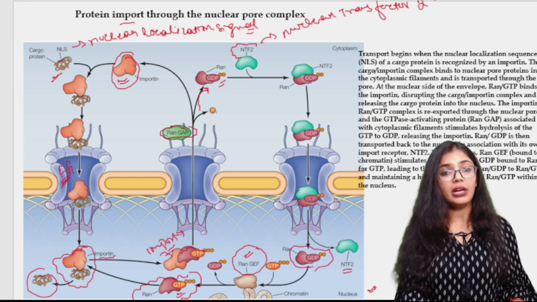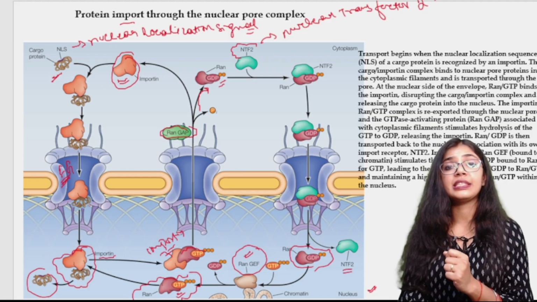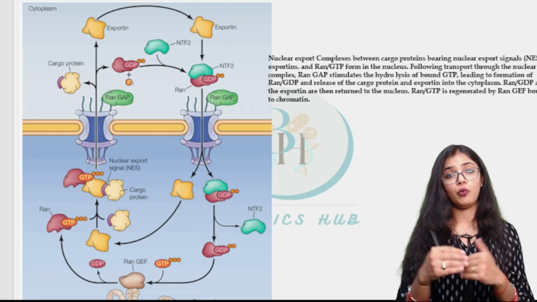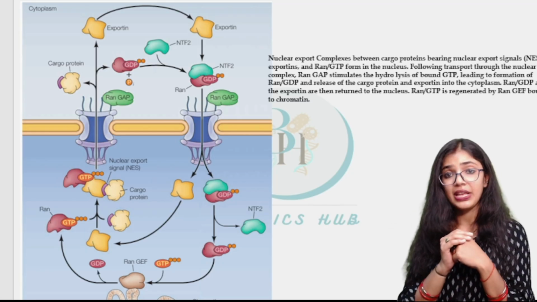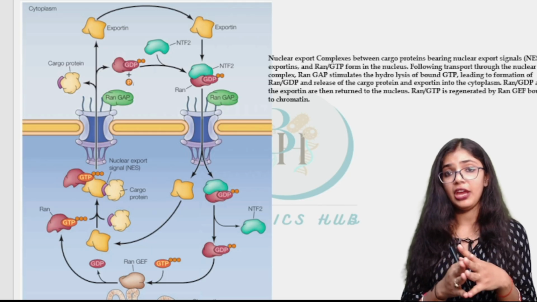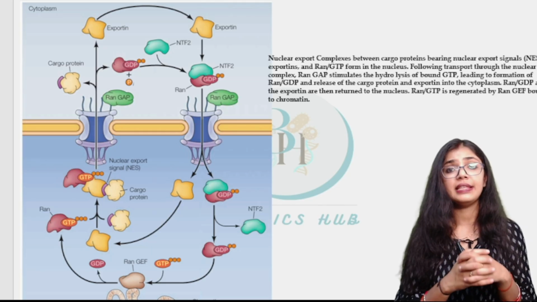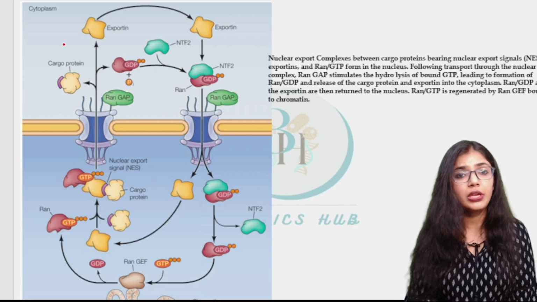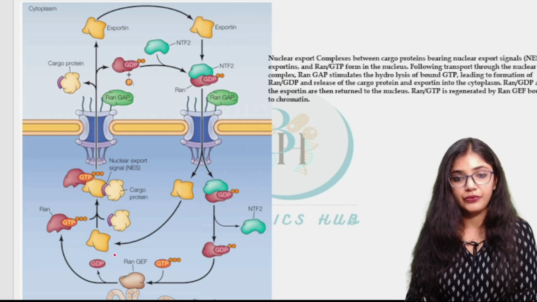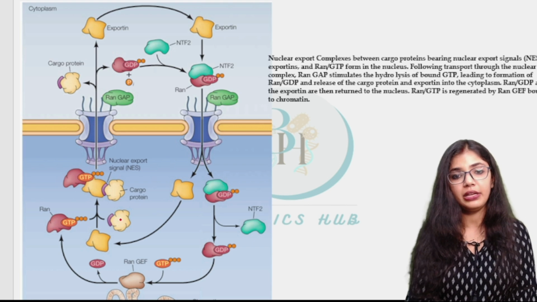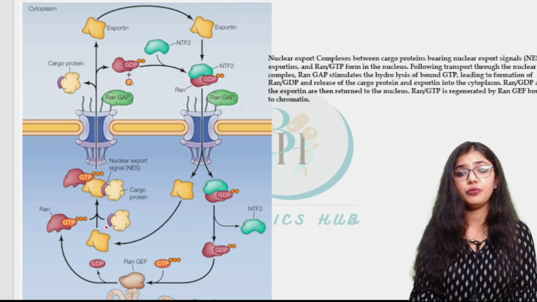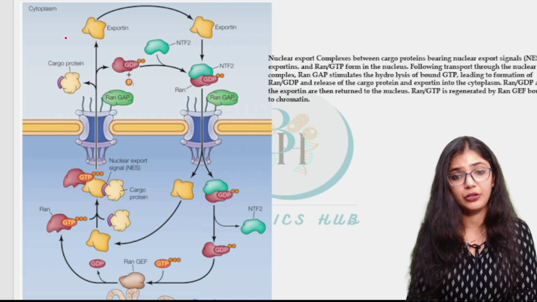Now let us discuss the export of nuclear protein. As for the import, there was a requirement of a protein known as importin. In the same way, for the export, it requires a protein known as exportin. Here we can see a cargo protein which needs to be transferred from the nucleus into the cytoplasm.